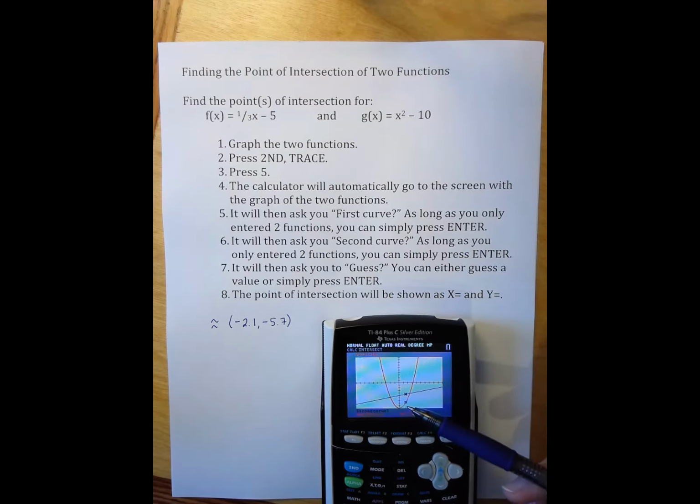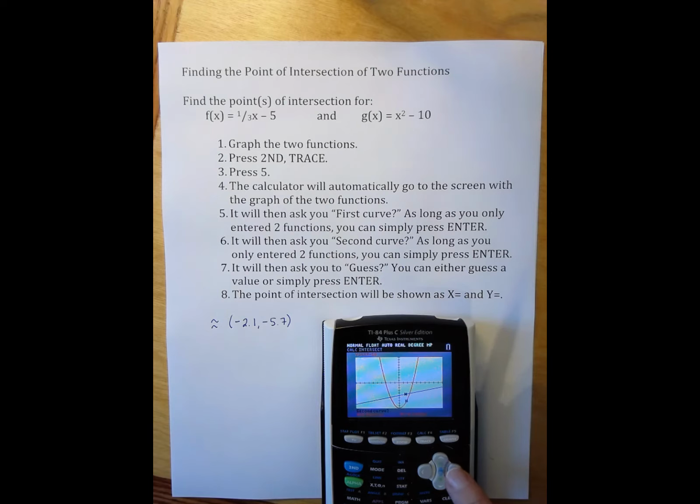Now the cursor is on the second curve that I want to pay attention to, and it is pretty close to the point of intersection. Maybe I'll move over just a little bit more so that I'm sure to be on the right one. You'll notice when I move over, the cursor is paying attention to the x values.